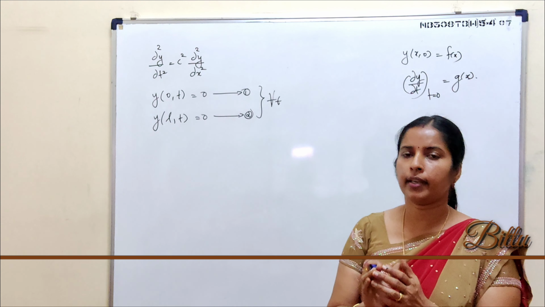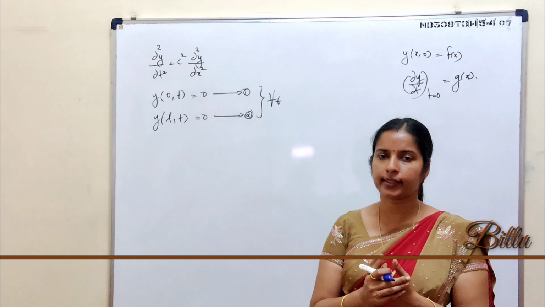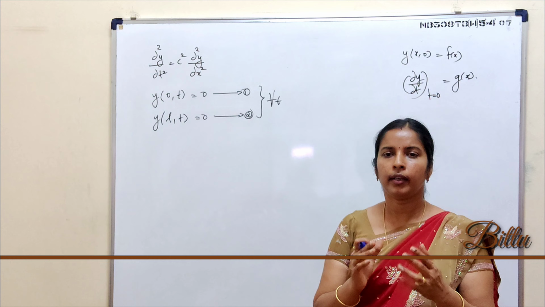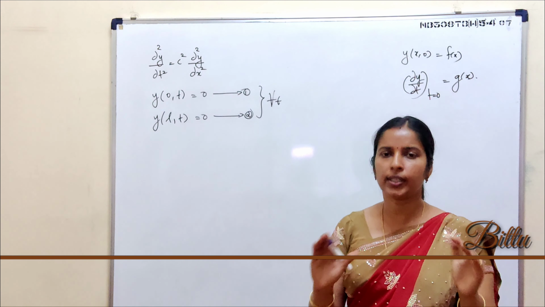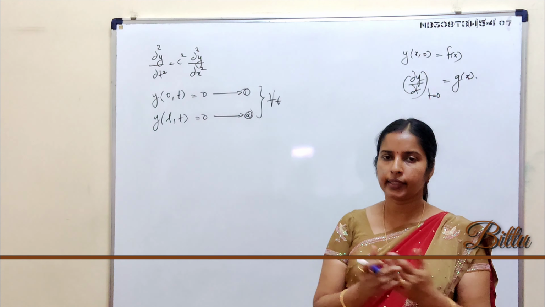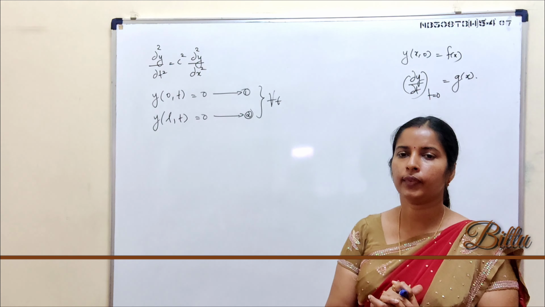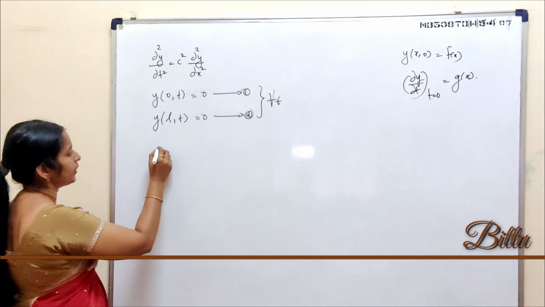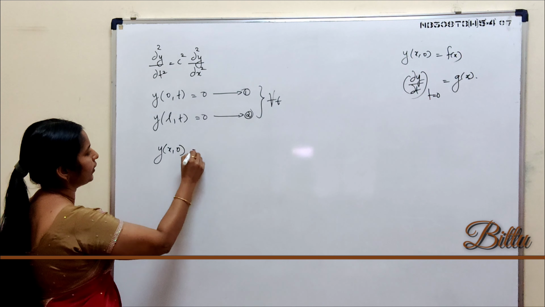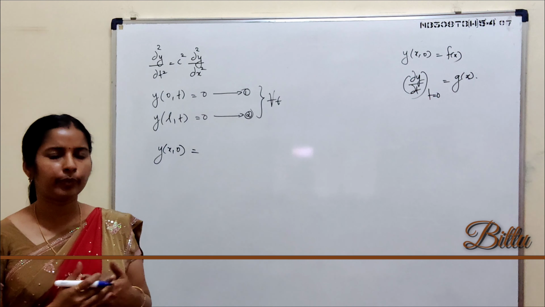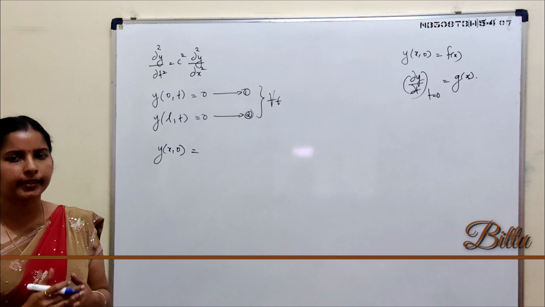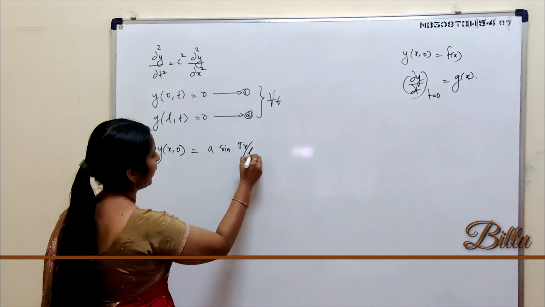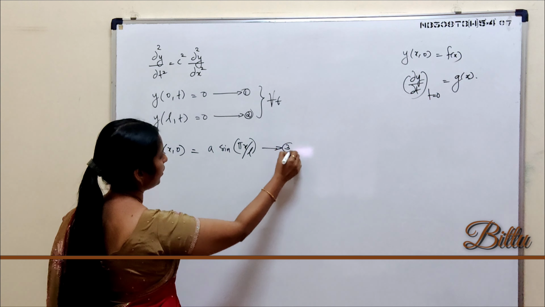So in any question, you have to notice what is f(x) and g(x). f(x) is its initial position or initial setup of the string, and g(x) is its initial velocity. So here f(x), that is y(x,0), is our f(x), and from the question we noticed f(x) is a sin(pi x by l). This is condition number 3.